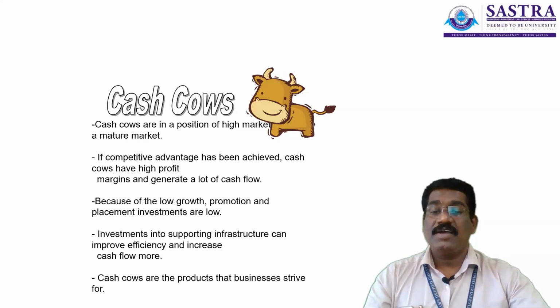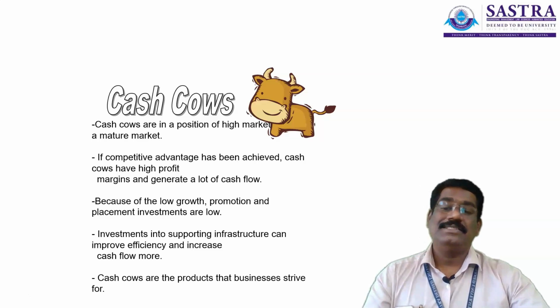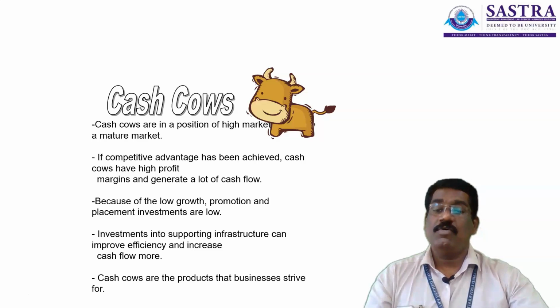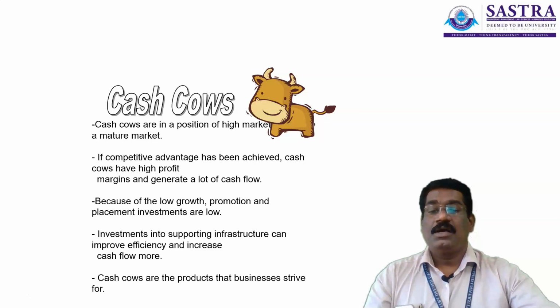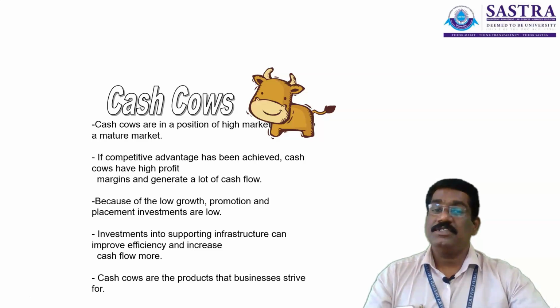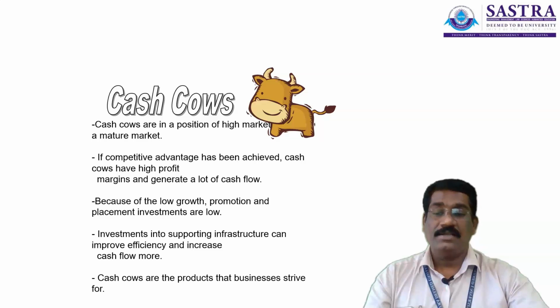If a competitive advantage has been achieved, cash cows naturally have a high profit margin and generate a lot of cash flow for the organization. Because of the low growth, promotion and placement investments are not needed, so the investments are naturally low.